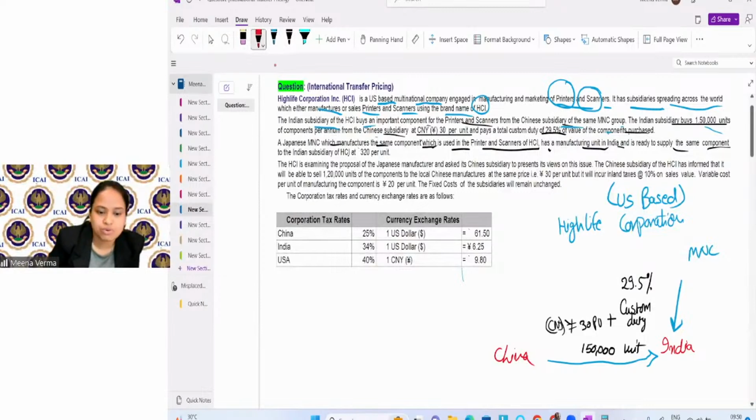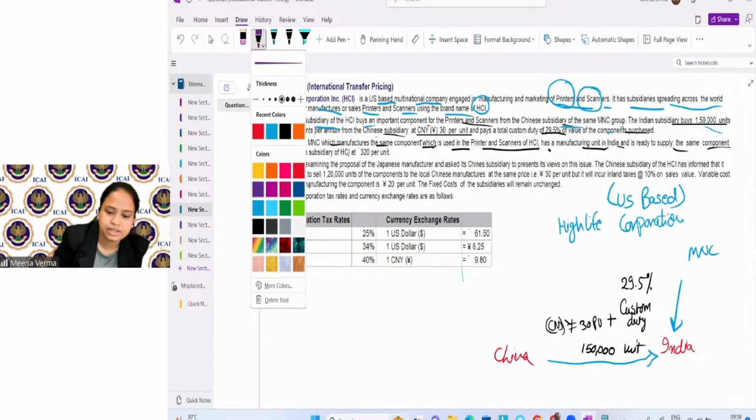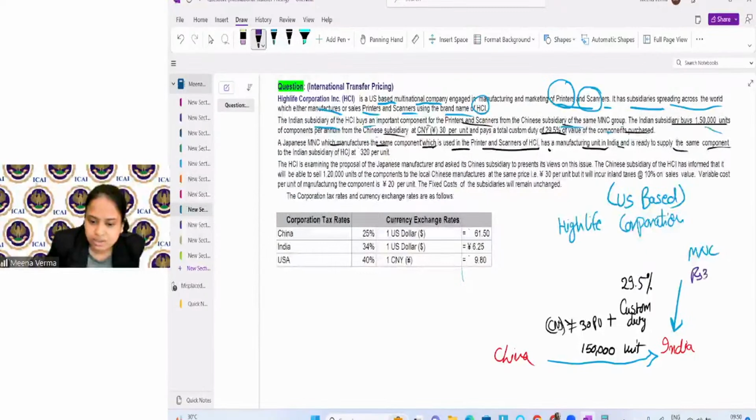They can buy it for rupees 320 per unit. They have the option to buy it within India itself for rupees 320. Okay, what else do we have?